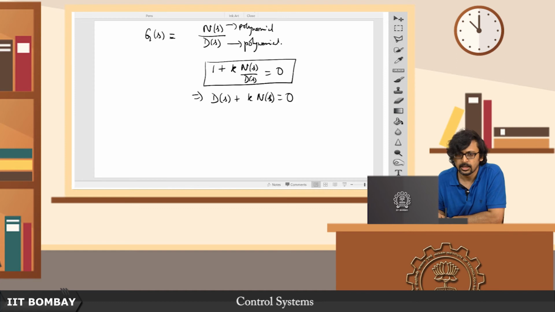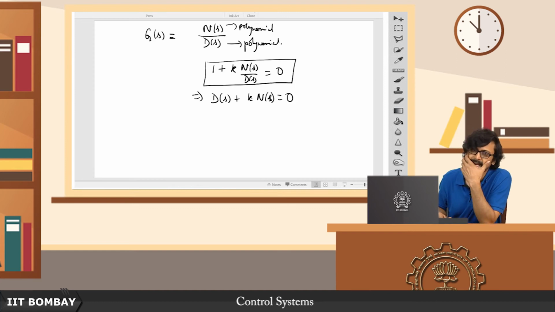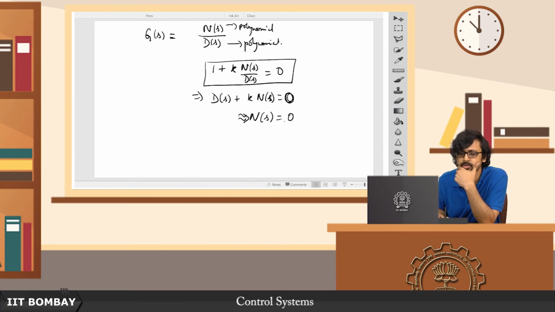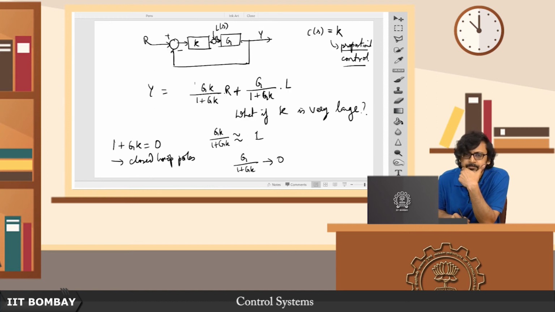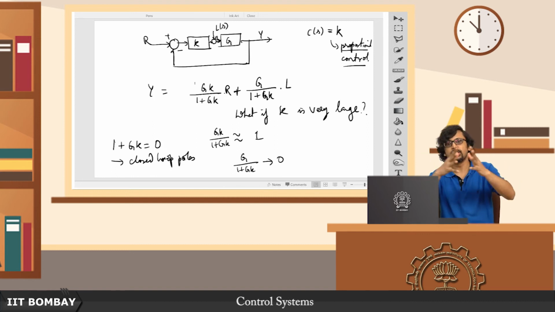Even without too much sophistication, you can guess that as k becomes very large, the roots or solutions of this equation are almost tantamount to solving for ns is equal to 0. Now recall that even if your open loop system G is stable, there is no restriction on its zeros.